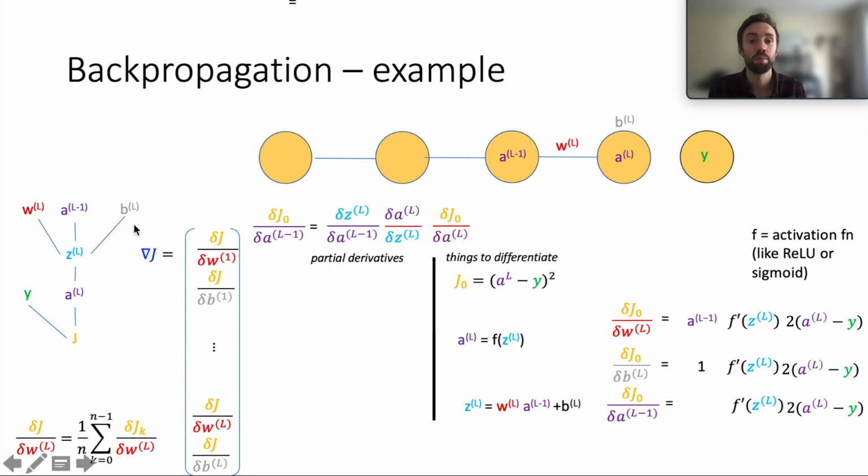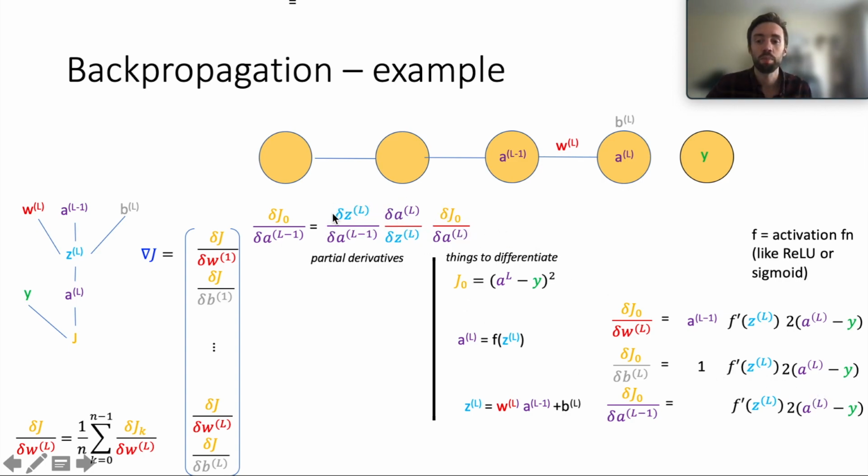We can also calculate the partial derivative of the loss with respect to the activity in the previous layer. Of course, we cannot directly change the activity in the previous layer, but once we've calculated this, we can continue the process to move on to weights and biases in previous layers. So here we see that again, two of the terms are exactly the same.